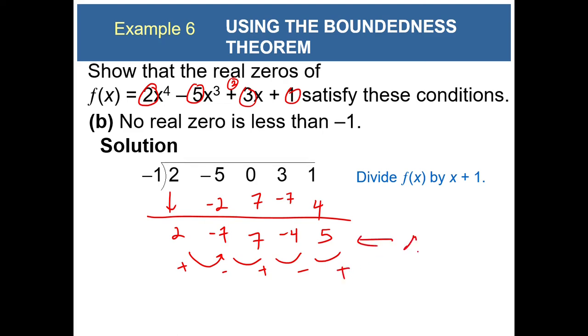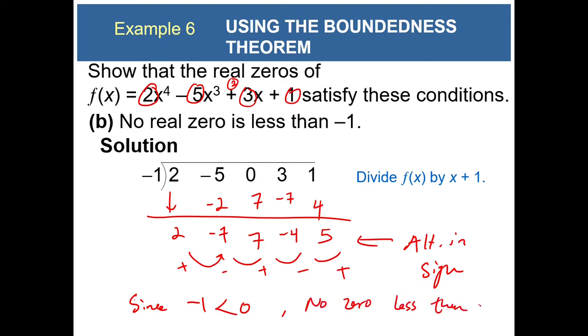So the last row alternates in sign. Since -1 is less than 0, there is no zero less than -1.